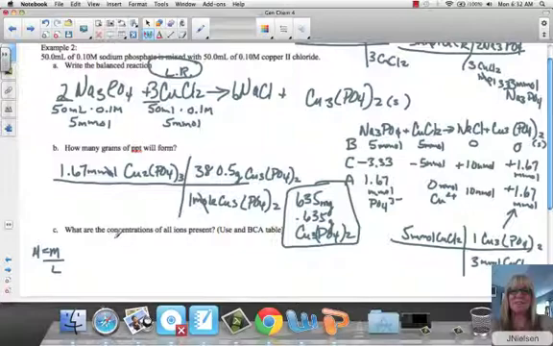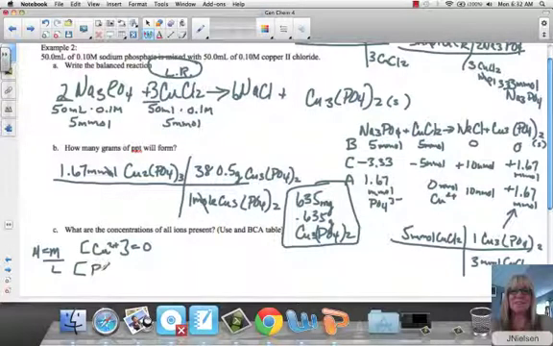First and foremost, we know that the concentration of Cu2 plus is going to be equal to 0 because we used it all. And we know that there are 1.67 millimoles of PO4 remaining that we did not use.